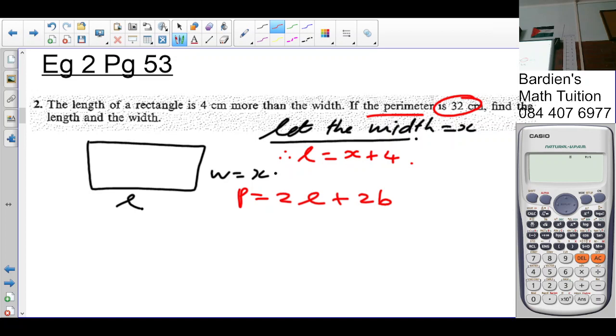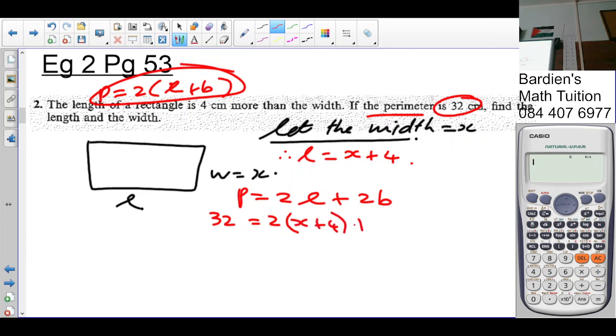Or I heard somebody also say 2 into length plus breadth. Either one would give you the correct answer. Okay? So what is the perimeter? 32 equals 2. What is the length? x plus 4, plus 2 times the breadth, which is x. So that's now an equation.